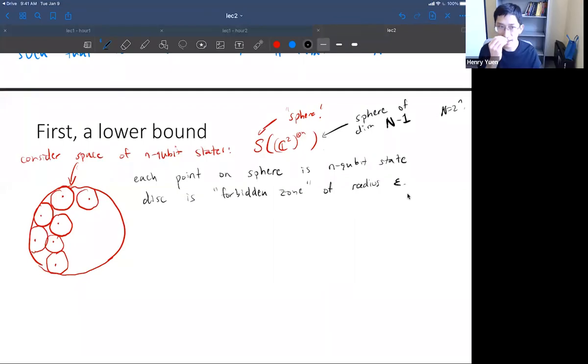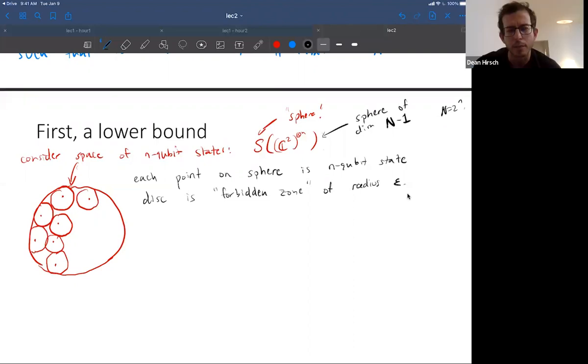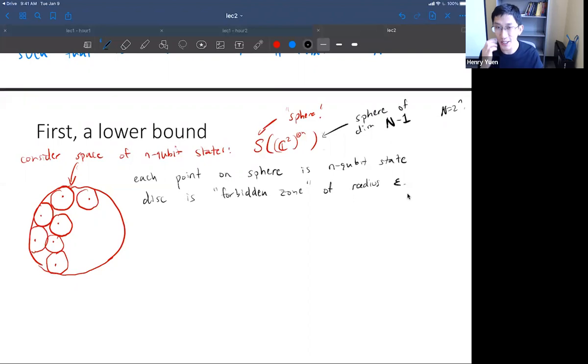Mm-hmm. In terms of little n or capital N, do you have a sense? It should be exponential in n, but I'm not sure about the exact. Which n, little n or big N? I think actually exponential in big N, but maybe I'm wrong. Yeah, it's exponential in something. Oh yeah, sorry, in big N. Yeah, in the dimension. This space is really huge.